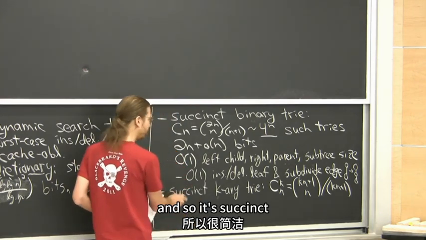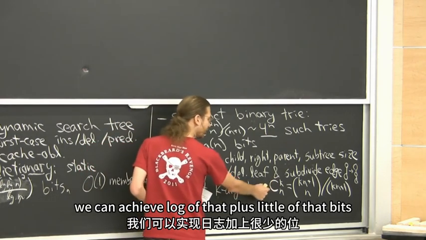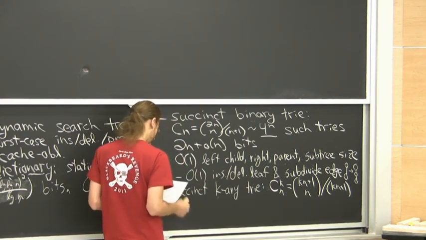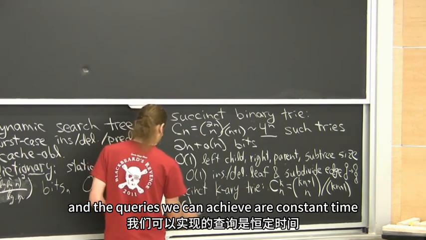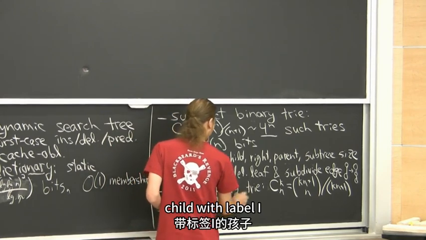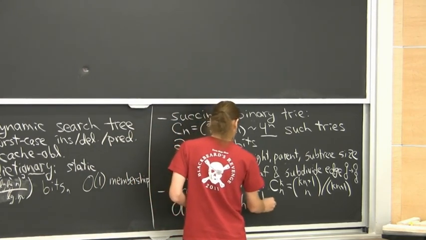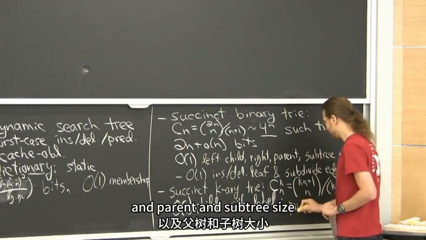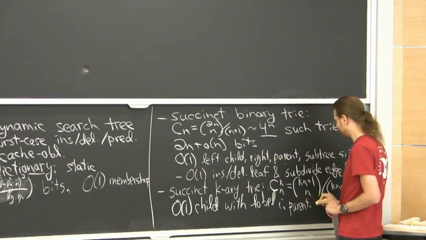And so it's succinct, meaning we can achieve log of that plus little o of that bits. And the queries we can achieve in constant time are: child with label i, and parent and subtree size.